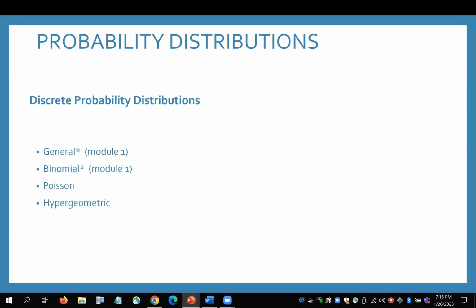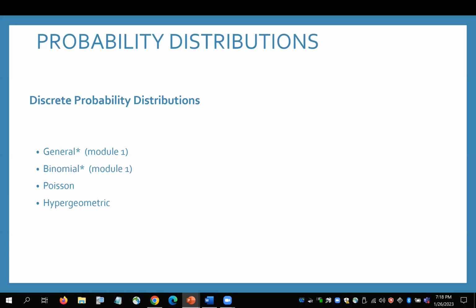I will tell you that if you are really interested in statistics, or if you're going into a field where you need a strong background in statistics, you can actually take an entire course on probability distributions. So remember, for our purposes, we're skimming the surface.